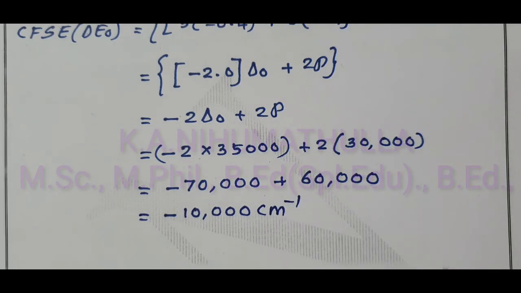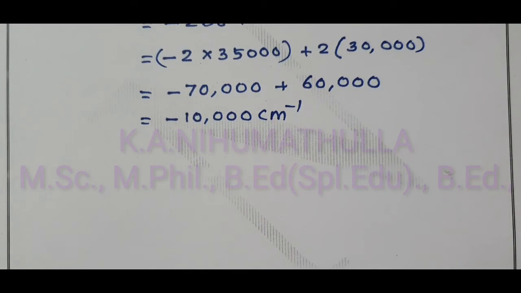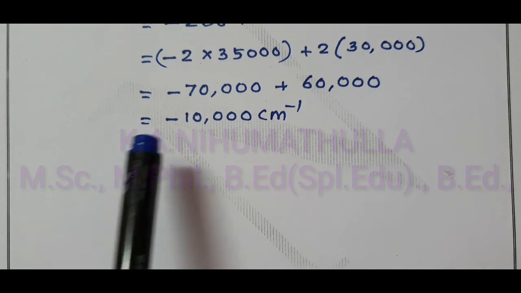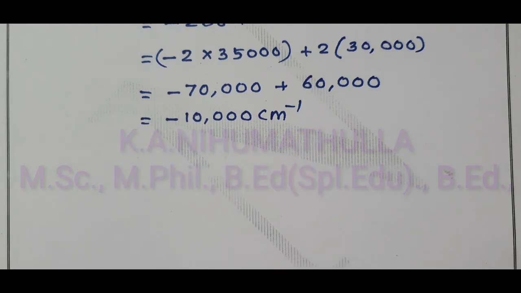For the high spin complex, we have calculated the CFSE as 0. For the low spin complex, the value is minus 10,000 centimeter power minus 1. High spin 0, low spin negative value.